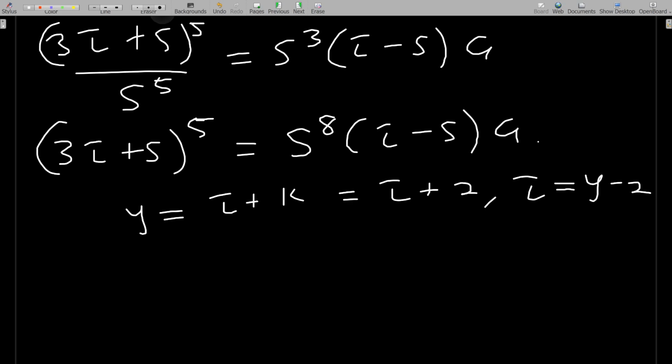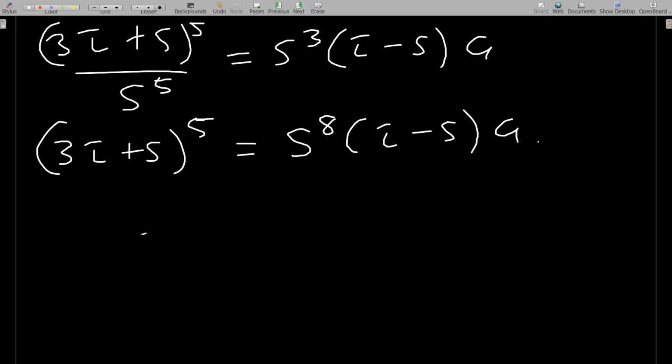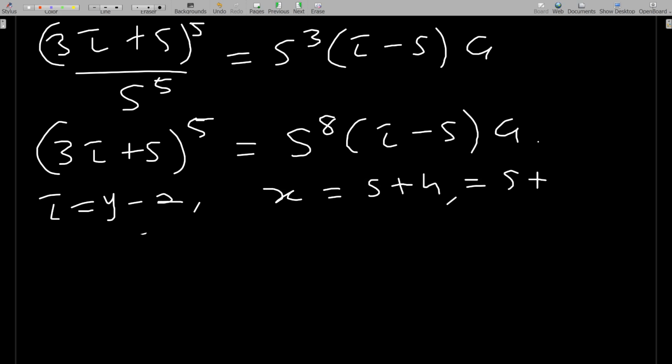Also with the s, we said x is equal to s plus h, and h was equal to 3, so x equals s plus 3, meaning s is equal to x minus 3.